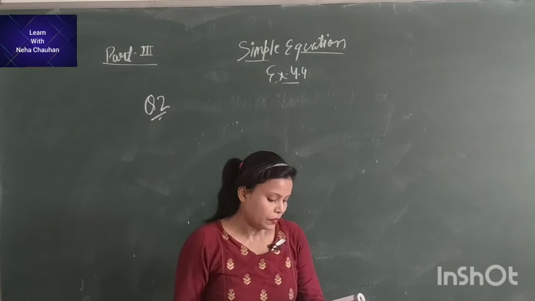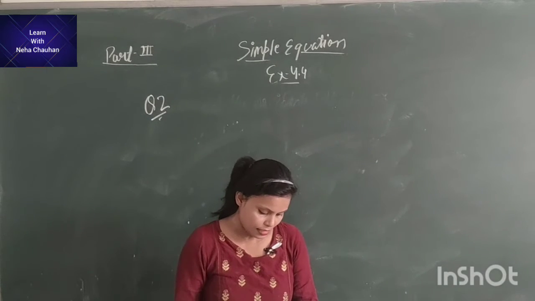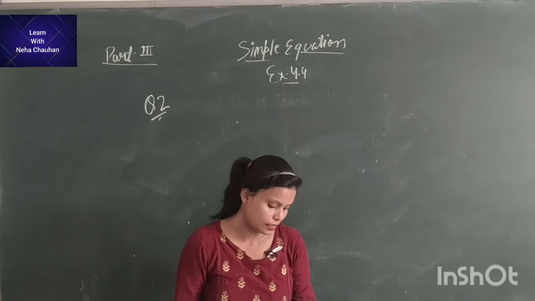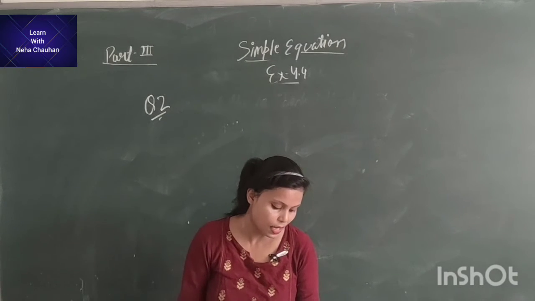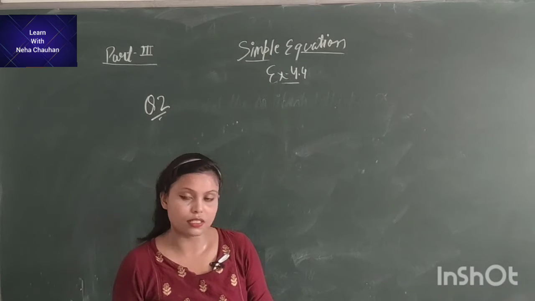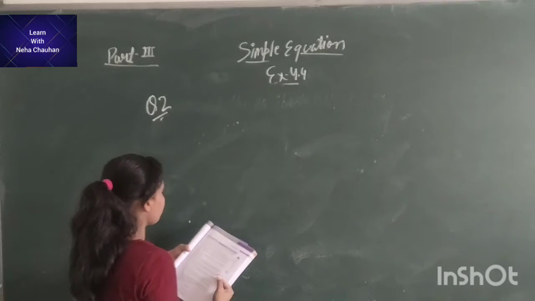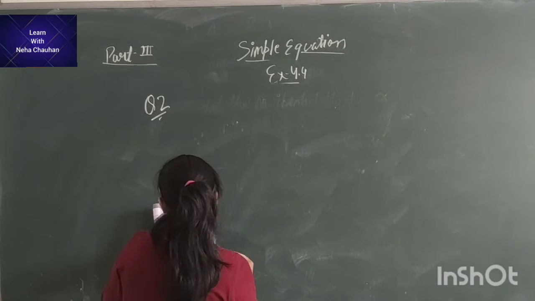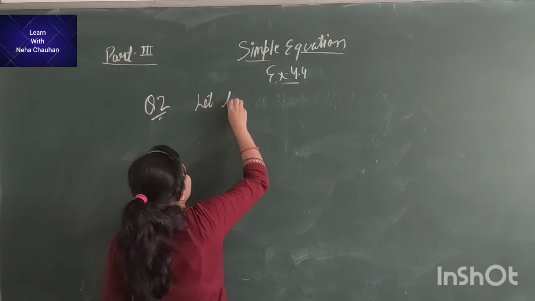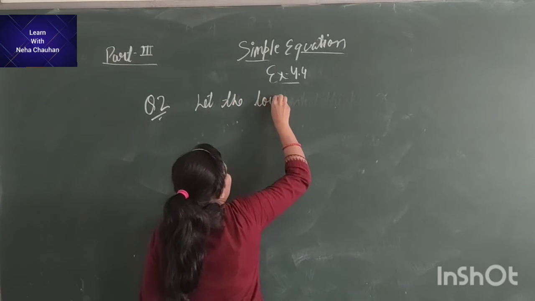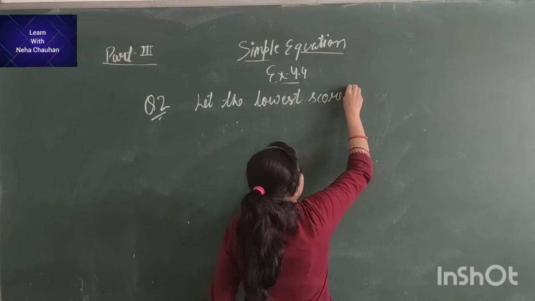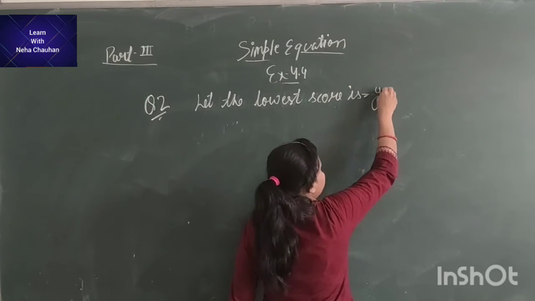The first part: the teacher tells the class that the highest marks obtained by a student in her class is twice the lowest marks plus 7. The highest score is 87. What is the lowest score? So suppose the lowest score is y.